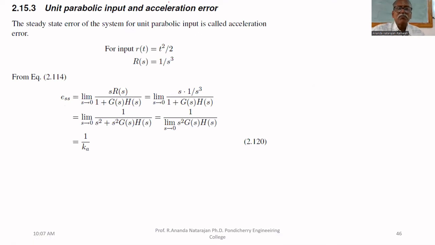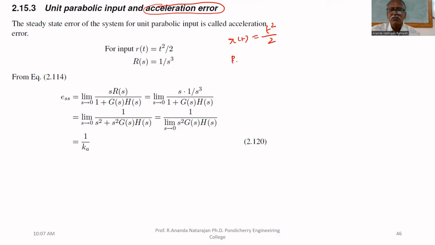Now, unit parabolic input will give the acceleration error constant. What is parabolic input? R of t equal to t square upon 2. Deliberately, we are adding the 2 to the denominator to make it easy while finding the Laplace transform.